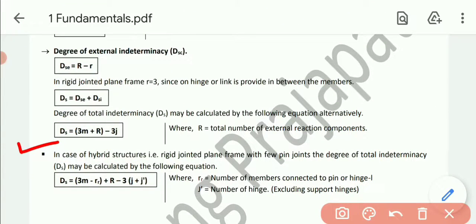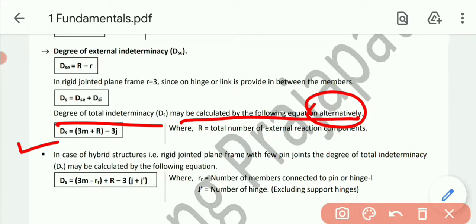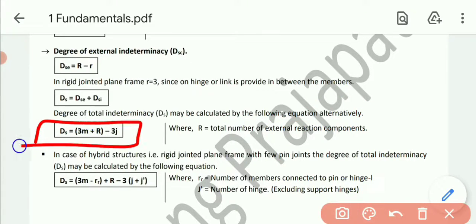Alternatively, the degree of total indeterminacy may be calculated from the following equation, means we can calculate this formula directly instead of the above formulas. That formula stands for 3m plus r minus 3j, where j stands for the number of joints and capital R is the total number of external reaction components.